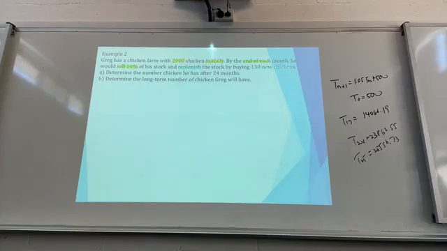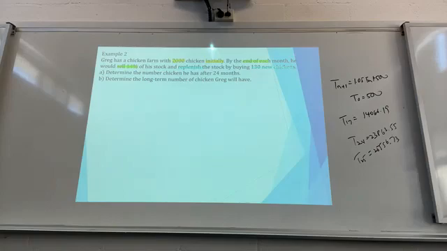All right, now, look at what I've done there. I highlighted the word initially. Then I highlighted the words by the end of each month. And then I highlighted the word replenish. And I used 3 different colors so that I know the word initial is associated with 2000.